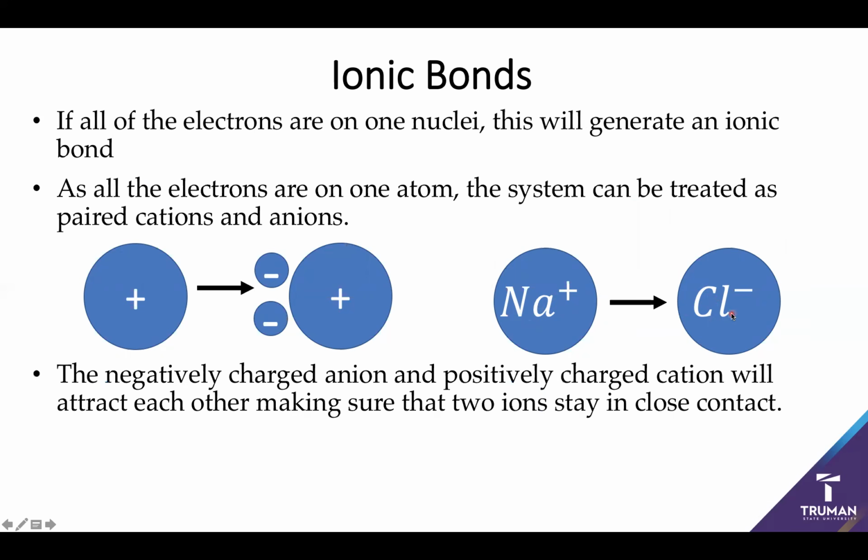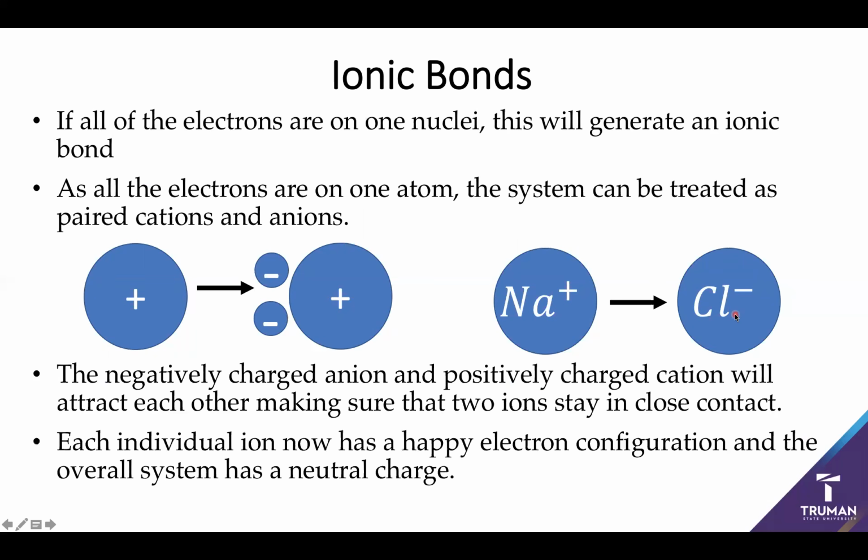And one of the big things here is that, again, these charges are going to help keep these two ions in close contact. However, it's worth noting that this positively charged cation might not necessarily follow its electron to merge with an anion, but will follow simply any anion, as any is as good as any other.